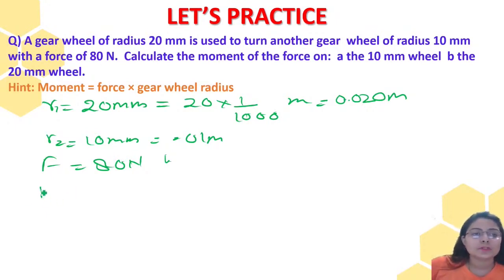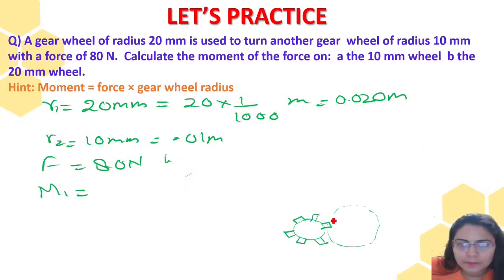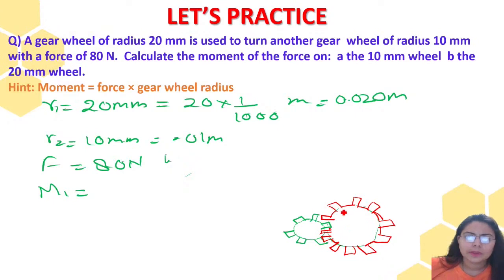The moment of force M1 for the first case, that is 20 mm. Okay, so let's clear the case first. The case is a gear wheel of 20 mm used to turn another gear wheel. Suppose this gear wheel is there, that will be my first one, and here will be my second one. Suppose this is the one.